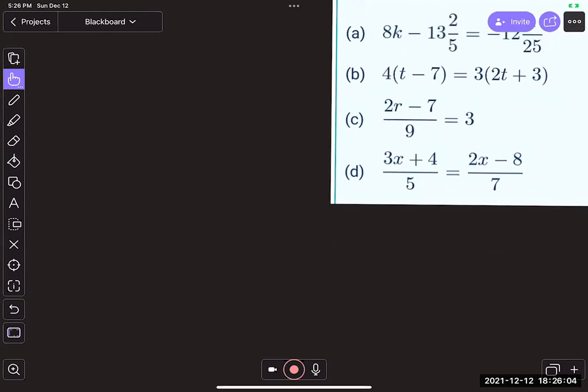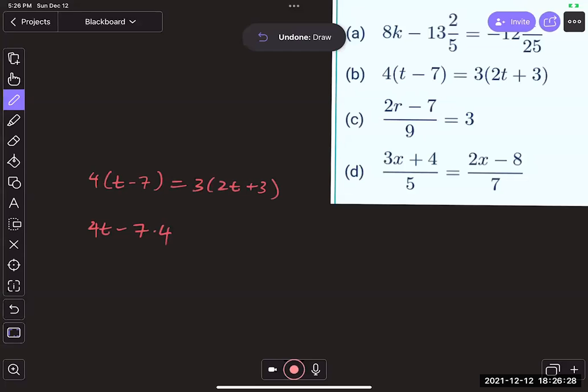All right. Part B. What's the first thing we need to do here, Emily? Like open up the parentheses by multiplying everything inside with the number outside. Okay, so you're saying that we don't just say 4t minus 7. We have to say 4t minus 7 times 4.